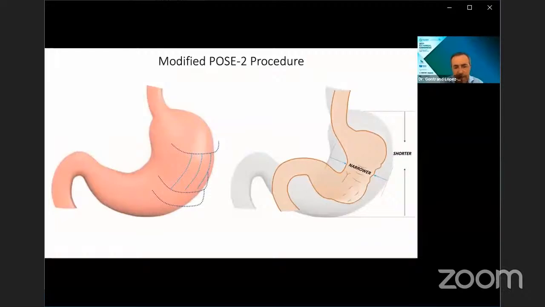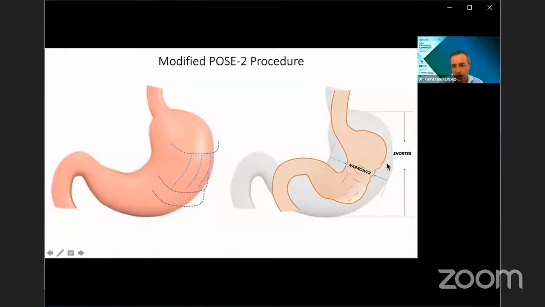Here we can see a little bit how, in this diagram, we plan to do this. We started with a distal row of plication, then another medium row of plication, a proximal one, the third row, and then filling the gaps with plications like suspenders, like here.